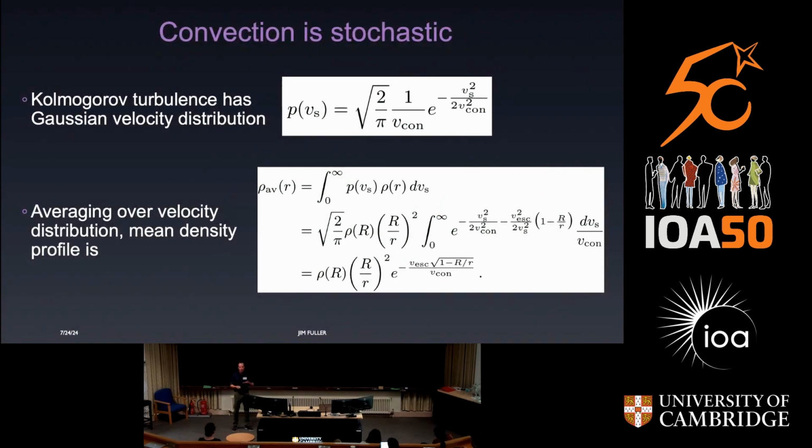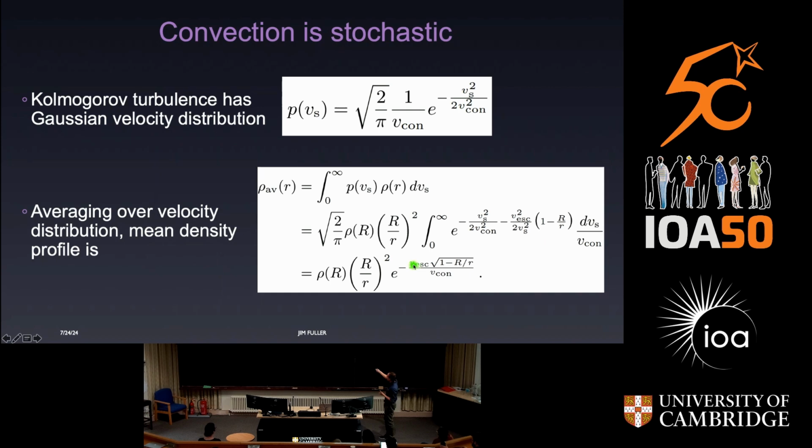But one thing to keep in mind is that we don't have a nice, well-behaved train of shocks. We actually have this stochastic mess. So what I've done is to consider a Kolmogorov velocity distribution of the shock amplitudes. And then when you integrate over that distribution, you predict a new density distribution. It's like a time or spatially averaged density distribution that you expect.